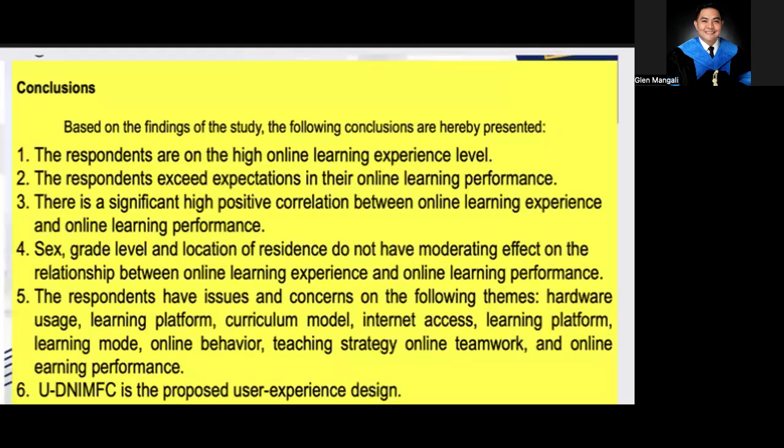Second, the respondents exceed expectation in their online learning performance. So again, the nitty-gritty of these can be seen in the result, and the subcomponent of the result can be seen in the summary. Number 3, there is a significant high positive correlation between online learning experience and online learning performance. So notice it's just a general description of what happened in the experiences of the participants.